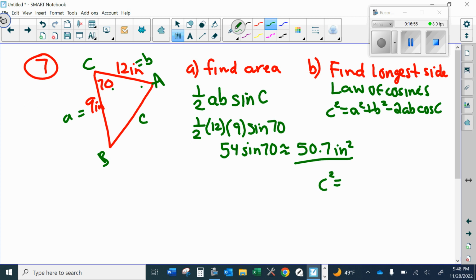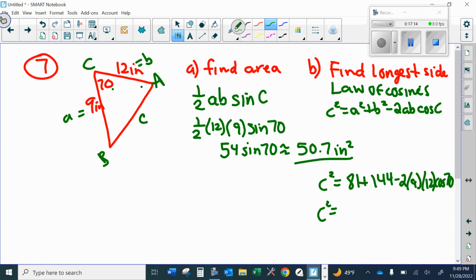So C squared equals A squared, so it's 81 plus B squared, 144, minus 2 times 9 times 12 times cosine of 70.